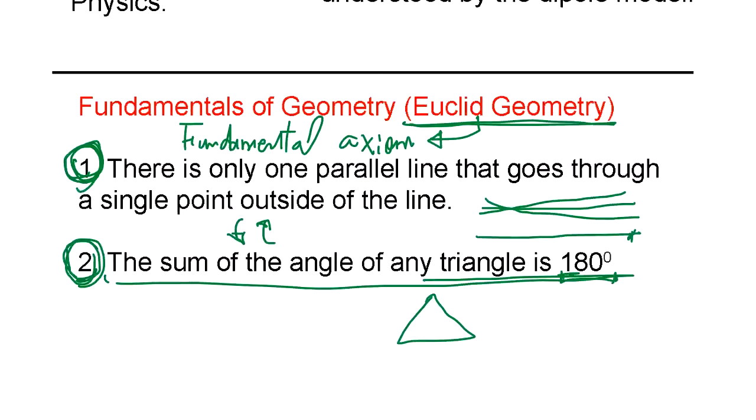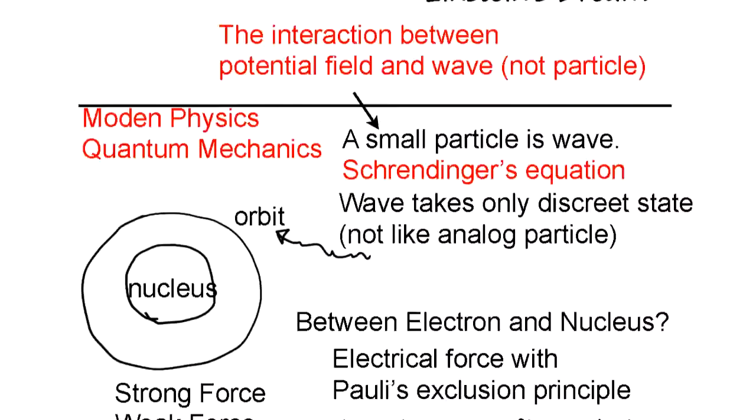Well, I think Gauss one time took this one and tried to prove it using three mountains and tried to measure the angle, and if the measurement proved the sum of a triangle is 180, then the parallel line axiom could be proved. So it's the same situation here.